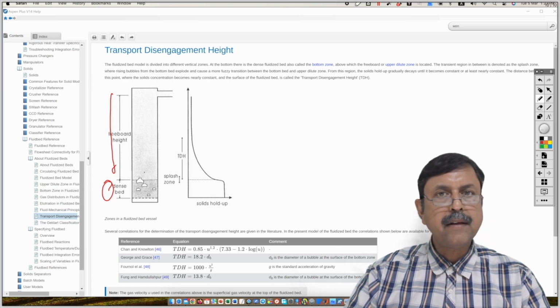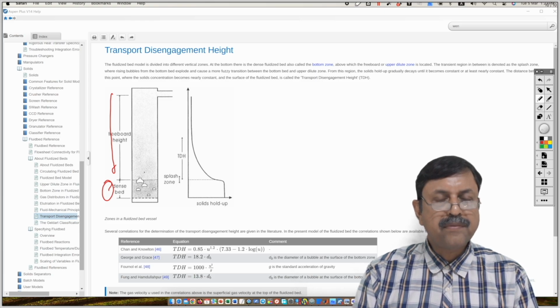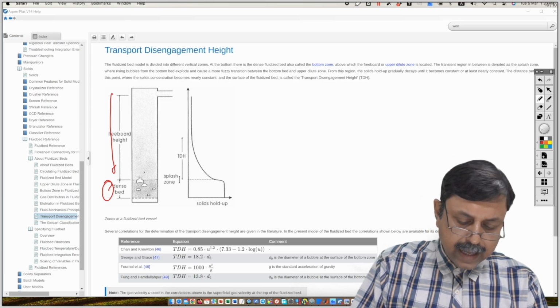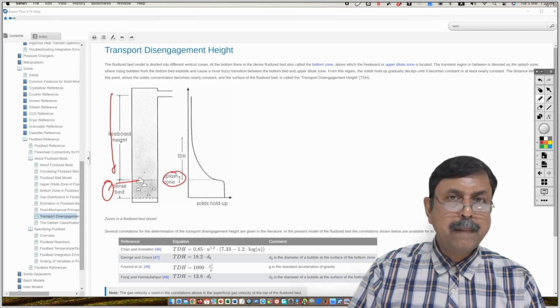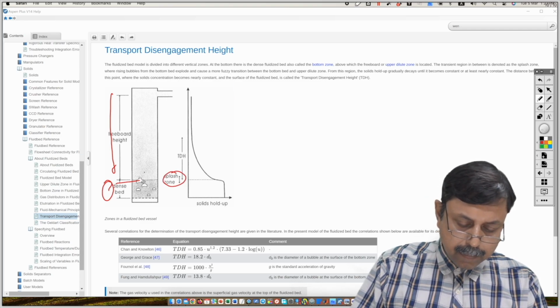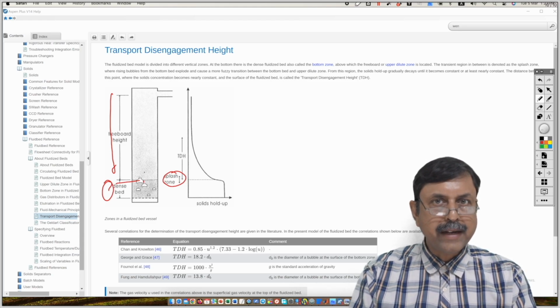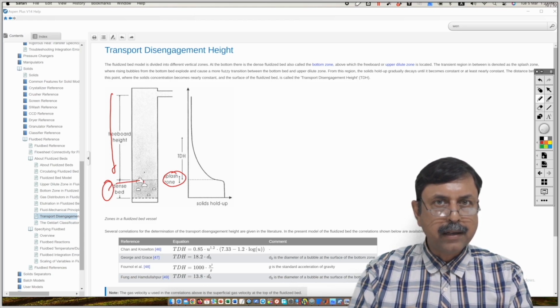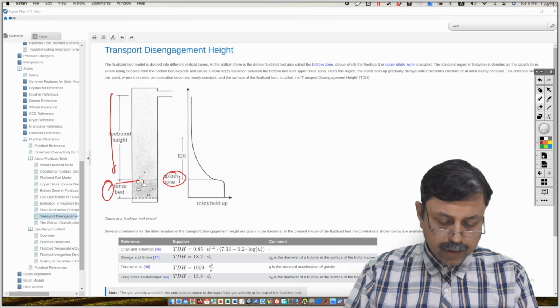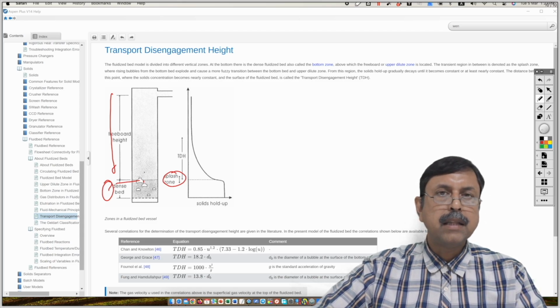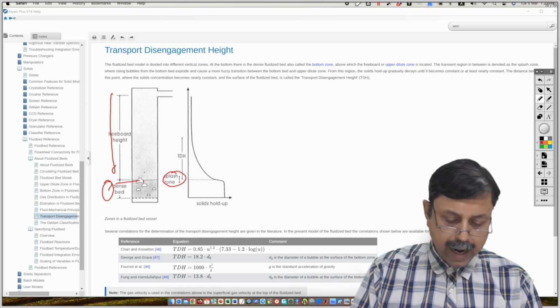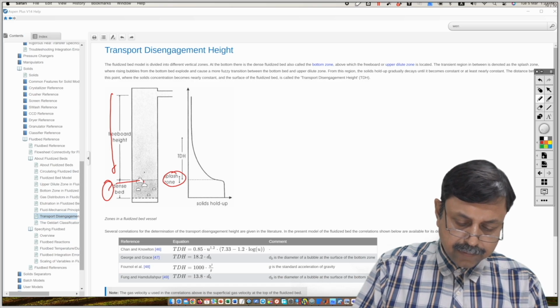And freeboard means where the particles are floating. Now, at the upper surface of the dense bed, there will be a splash zone where the bubbles will burst. Outside the bubbles there will be solid particles, they will engulf the bubble. So at that point, the bubbles will burst and there will be some kind of fuzzy transition over here.